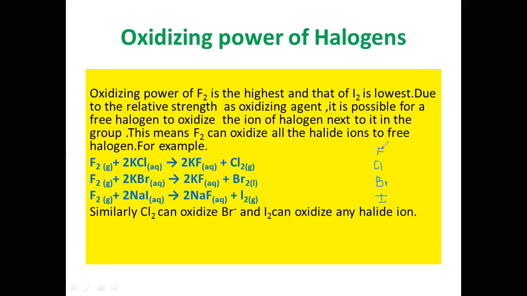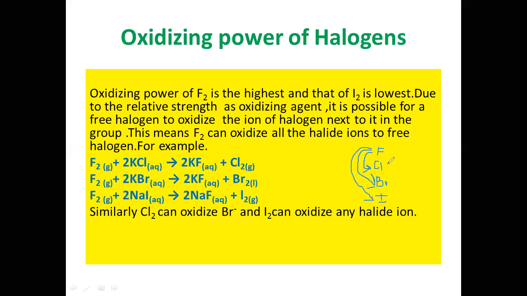So in any compound, fluorine can replace chlorine, bromine and iodine, but those elements which are present down the group cannot displace fluorine from its compound. Fluorine can displace chlorine, fluorine can displace bromine, and fluorine can also displace iodine from its compound due to its strongest oxidizing power.